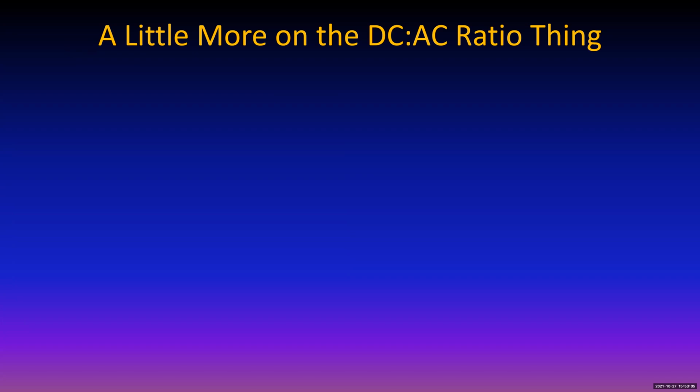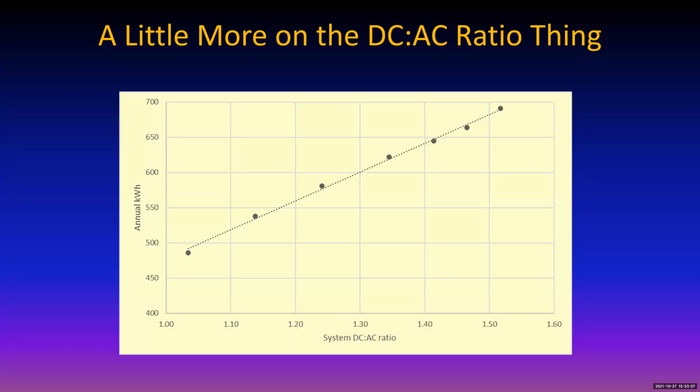Now, here's what I was promising you about the DC to AC ratio. See, if you simulate the system, let's say that you've got a microinverter that's rated at 290 watts, and we connect to it a DC to AC ratio of all the way up to past 1.5.